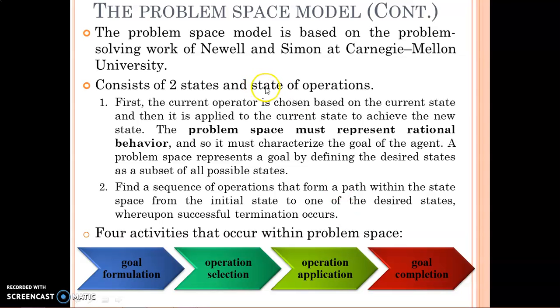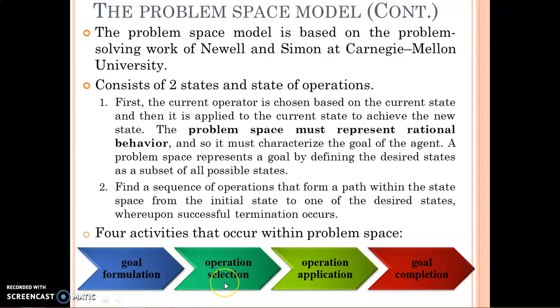Along with that, there are four activities within the problem space. The first one is goal formulation. The perception that occurs at the knowledge level is performed by this process, which creates the initial state based on observations of the external environment.